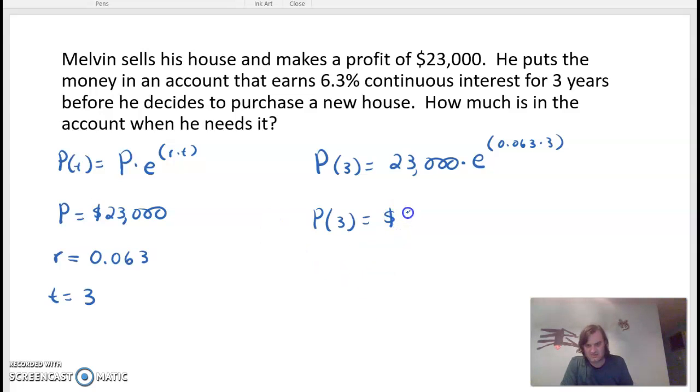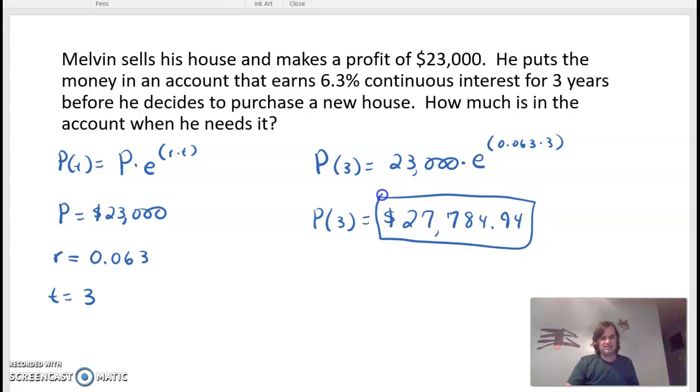I have $27,784.94. So that is what comes back on the continuous interest investment here.